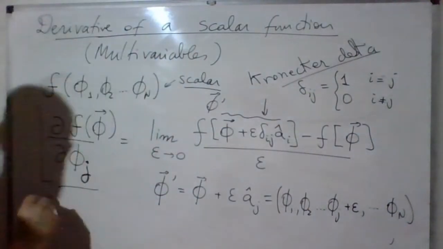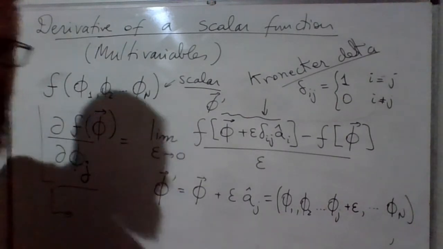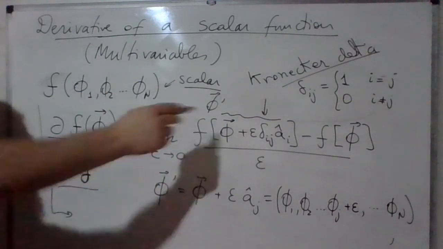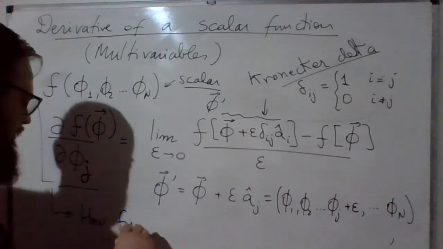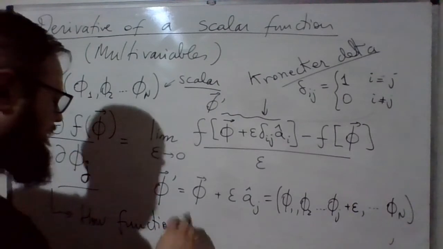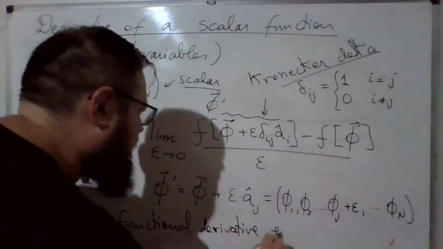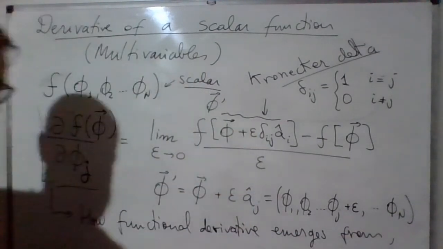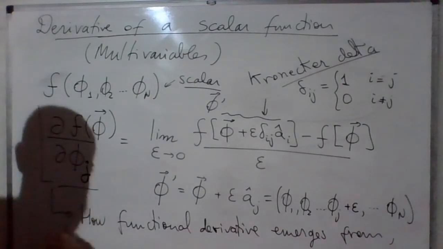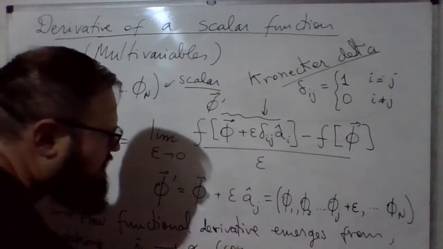So let us see how functional derivatives emerge from taking j to an alpha, a continuous one.